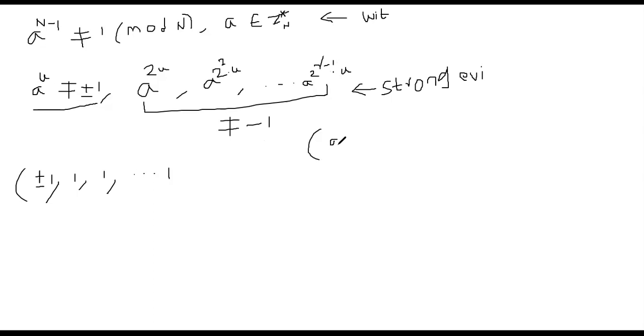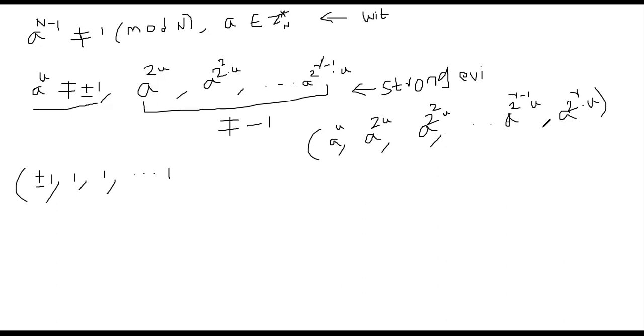We have A^u, A^(2u), A^(2^2 u), all the way until A^(2^(r-1) u), and A^(2^r u). So this is our vector, or sequence, of elements.